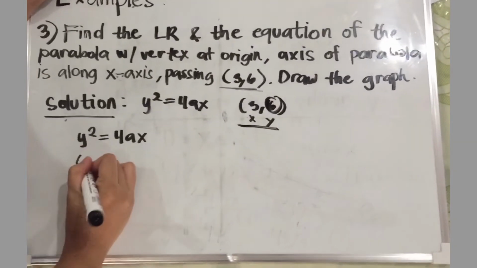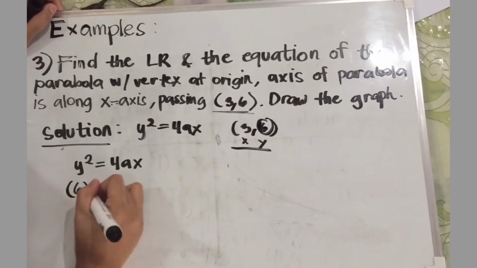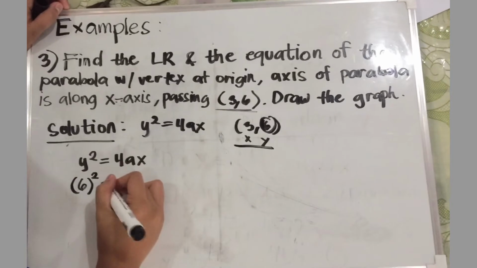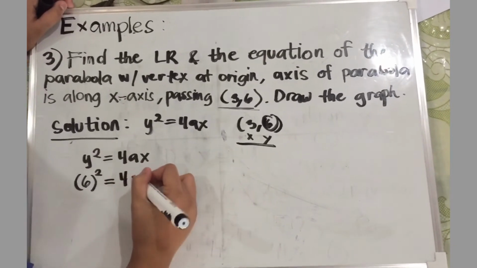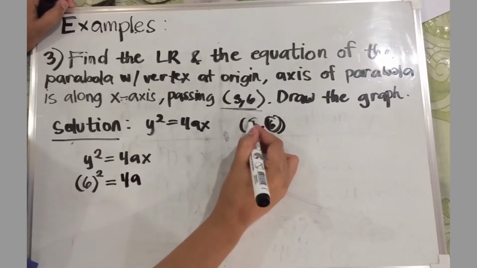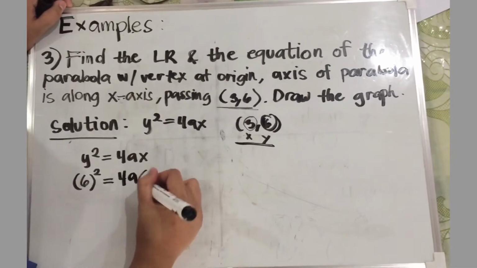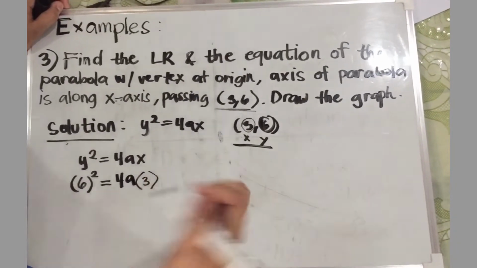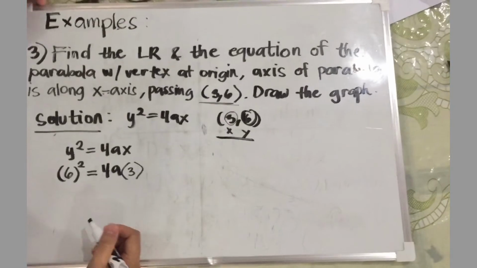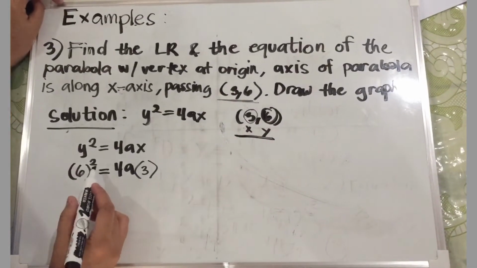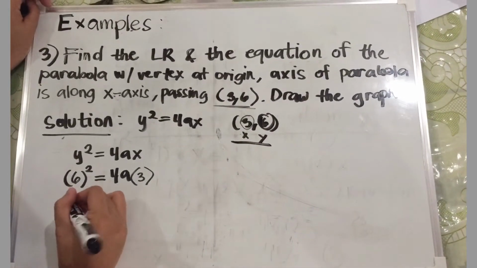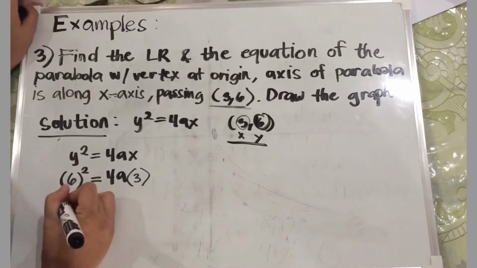So we have to substitute it for y. So 6 squared equals 4a, and the x is 3. So that is 4a times 3. So 6 squared is equal to 36. 6 times 6 equals 36.